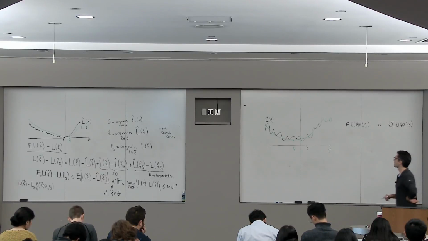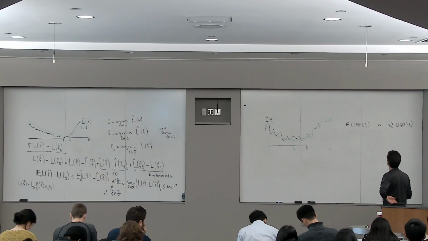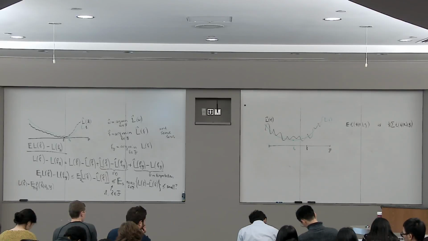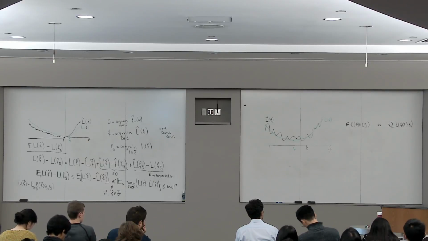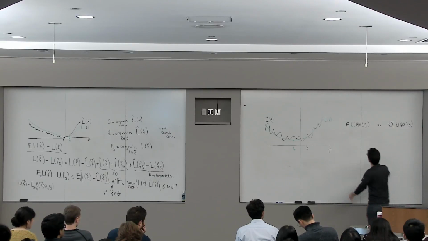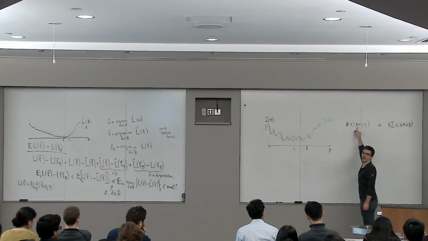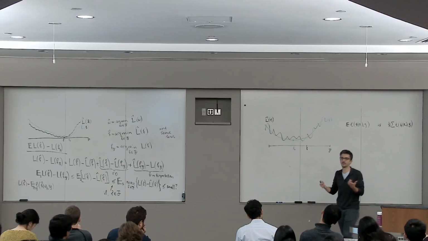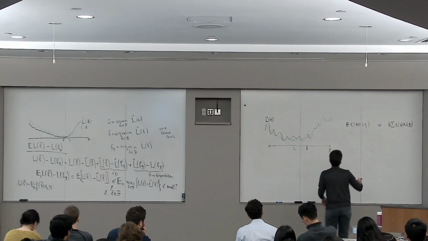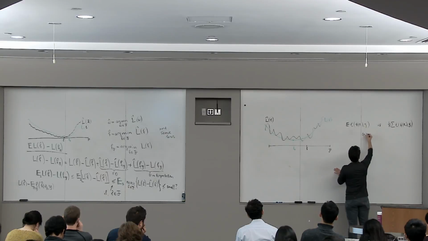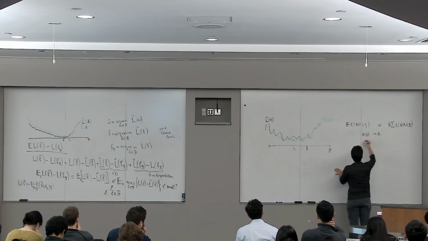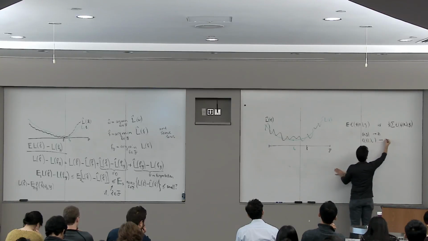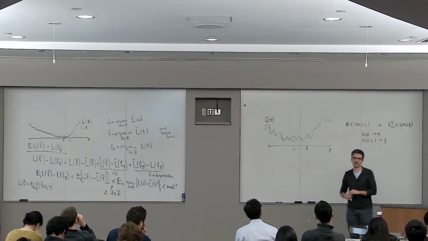Let's see, I'm debating whether to introduce a simplifying notation or not. Let me try. I'm going to think of L composed with f as a function, and x and y as some variable z. So x comma y will become z, and L composed with f will become function g. Is that okay?